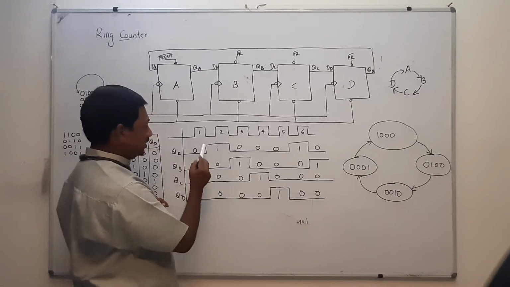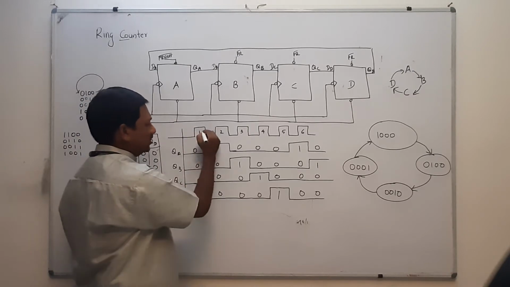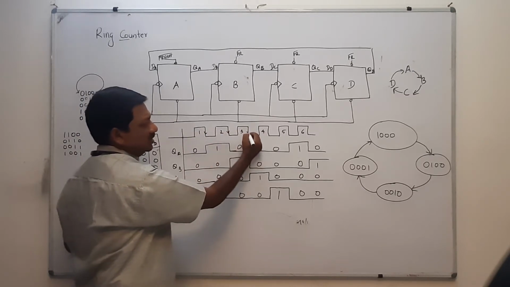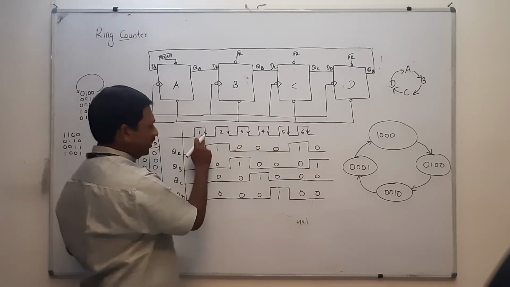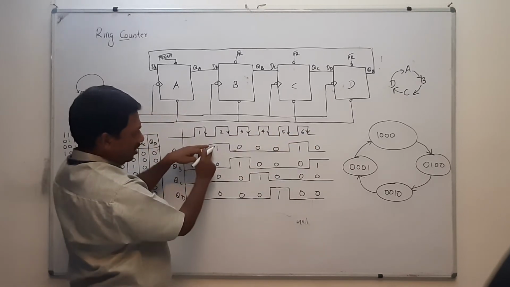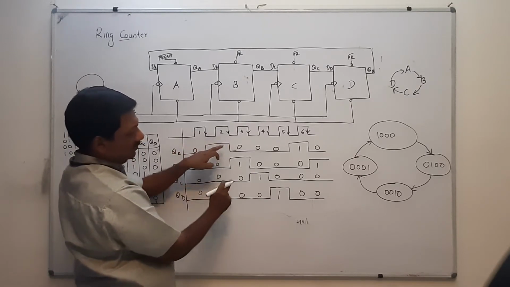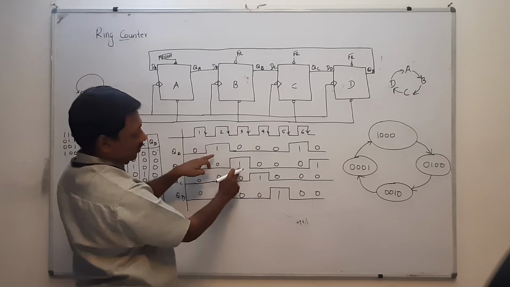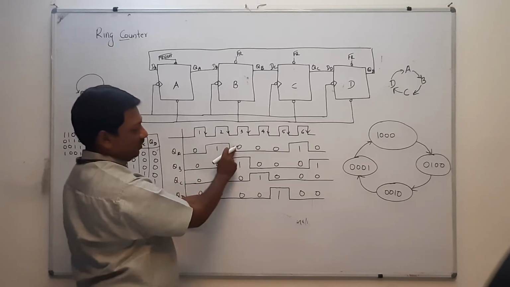Initially 0. As it is a negative edge triggered form, these are the negative edges. With this negative edge we have 1, 0, 0, 0. Then for the next negative edge, this 1 will go here, 0 to 0, 0 to 0, and this 0 to 0.